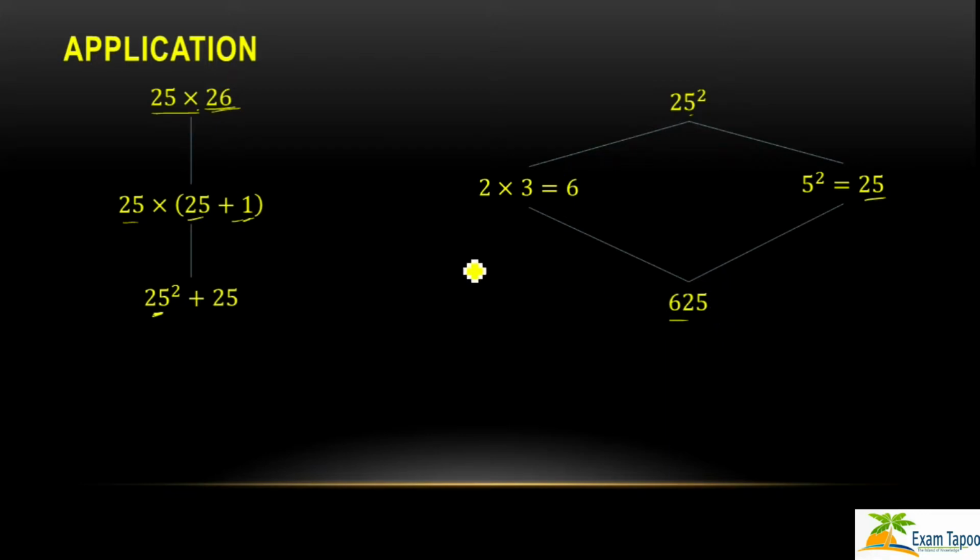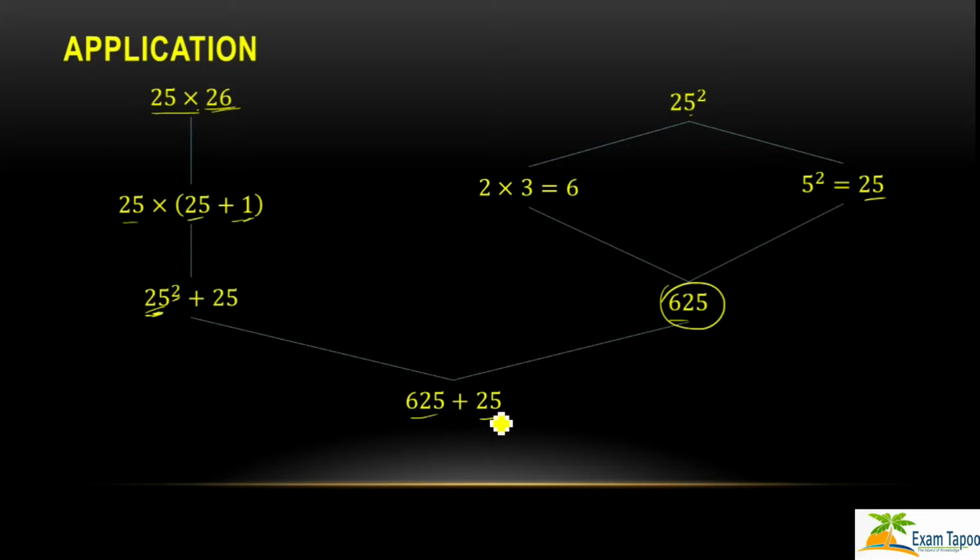So in place of 25 squared, I can directly write 625. It will become 625 plus 25, where 25 comes as it is.